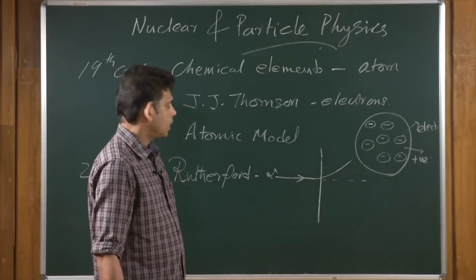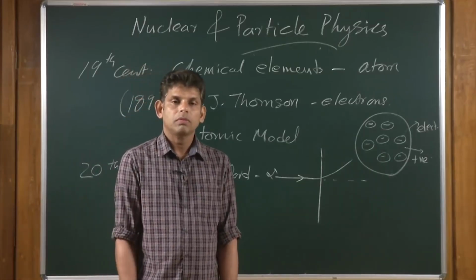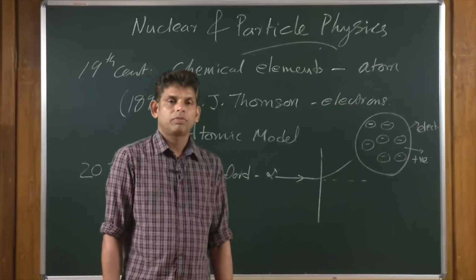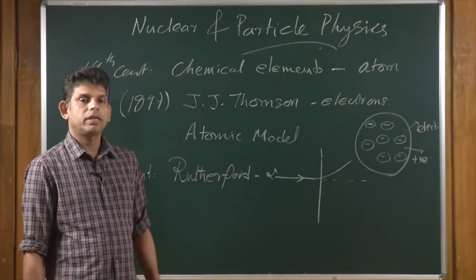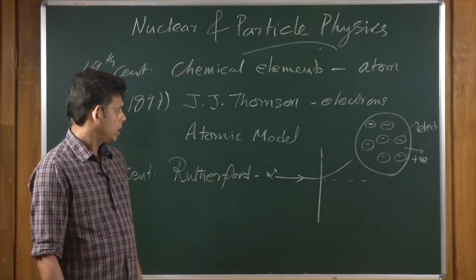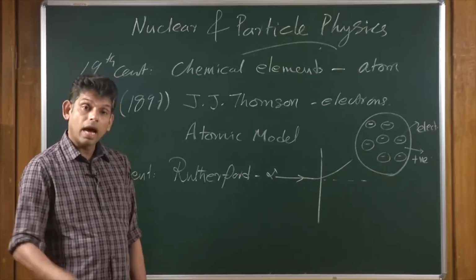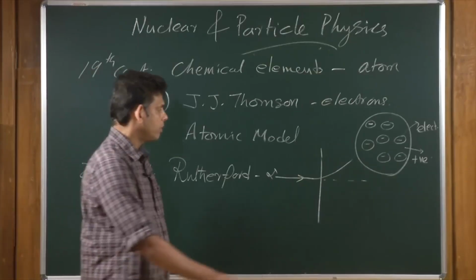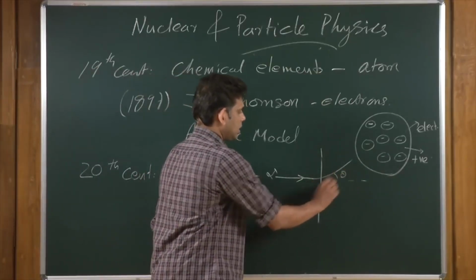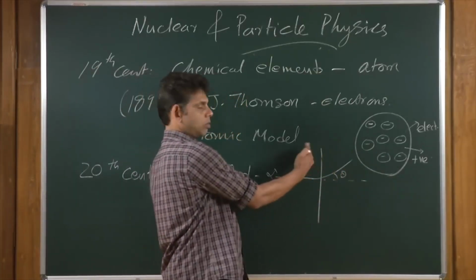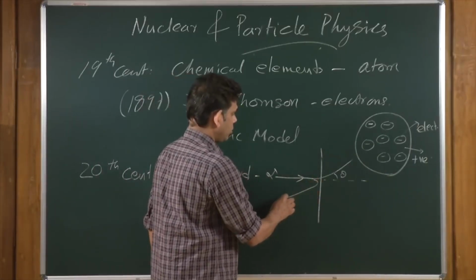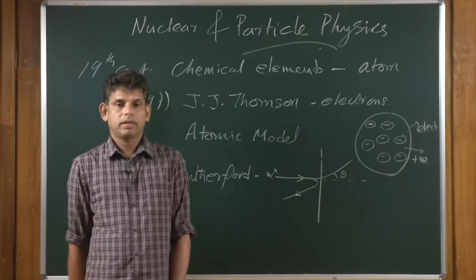But then Rutherford and his team looked closely and specifically looked for things like the large angle scattering of this alpha particle, by which we mean this becomes large, more than 90 degrees, and then what happens? They will kind of come back.